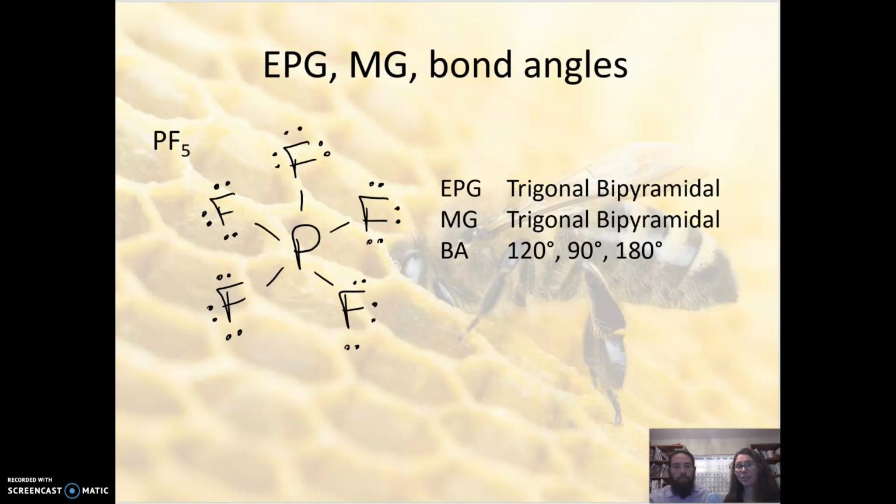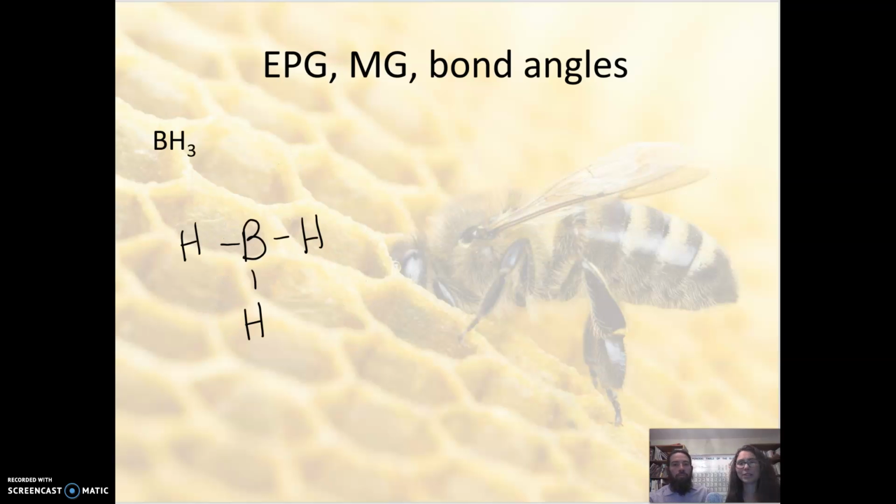And whenever you have no lone pairs on that central atom, your molecular shape will be the same as your electron pair geometry. So we have 120 degrees around the equatorial atoms, and then 90 degrees from axial to equatorial, and then 180 just between the axials. Hard to see in this position, but it's hard to see 3 dimensions on 2 dimensions, isn't it?